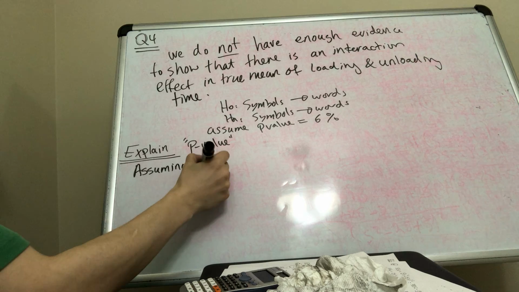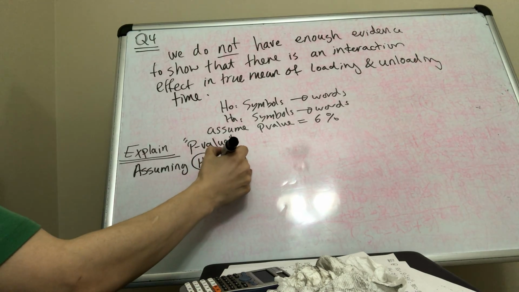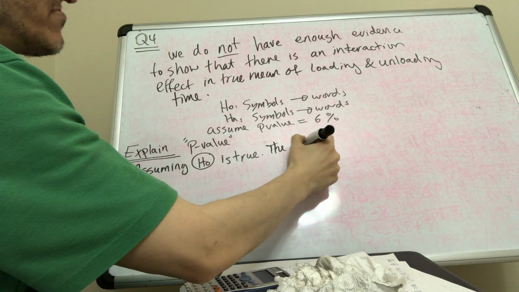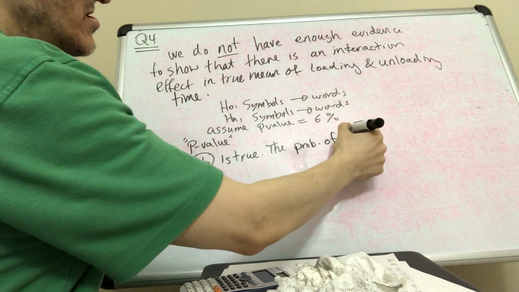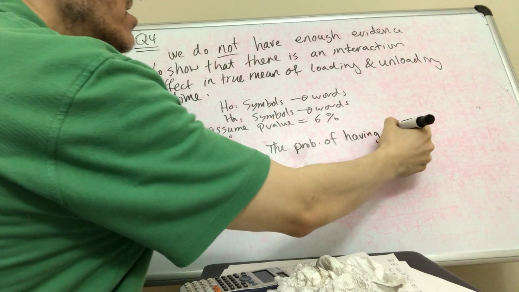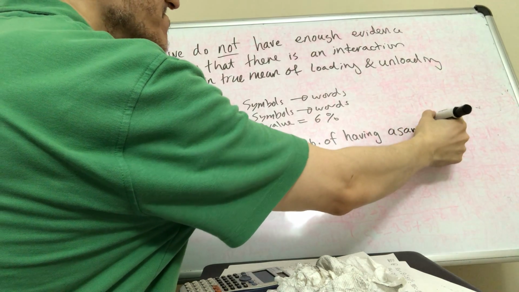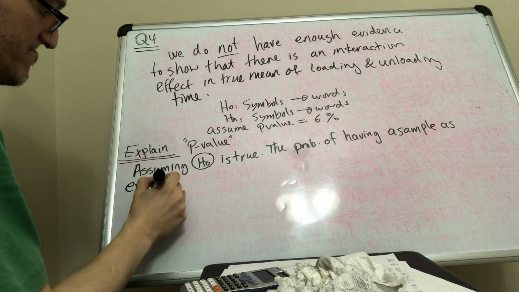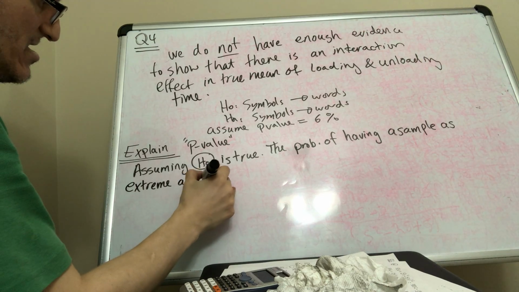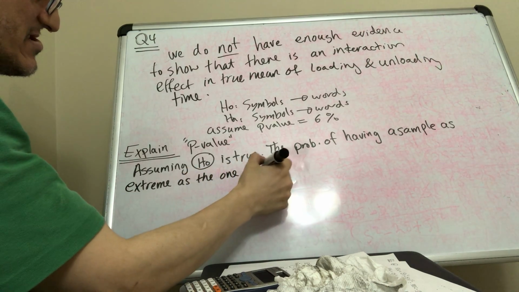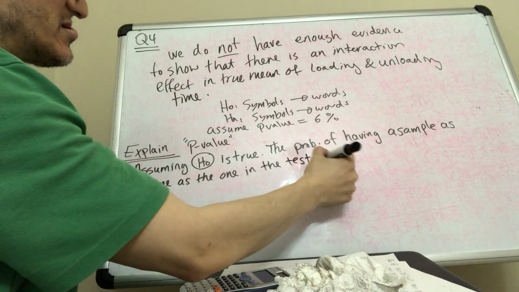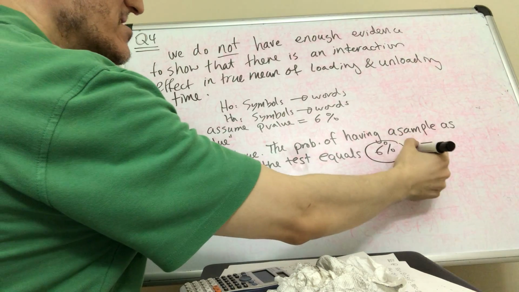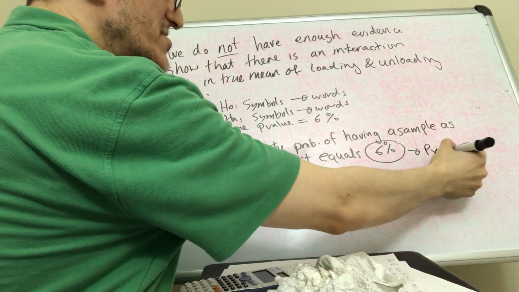Assuming H0, I'm going to circle it, is true, the probability of having a sample as extreme as the one in the test equals 6%, or basically whatever the p-value is.